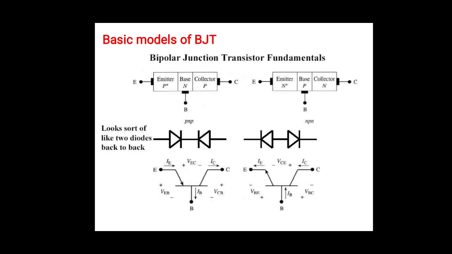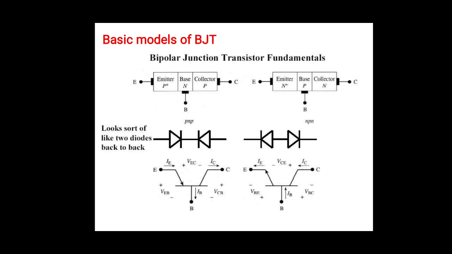Next, the current through the base is called the base current, IB, and the current through terminal C is called IC, the collector current. So these are the currents and voltages of BJT, that is, of PNP and NPN transistors.